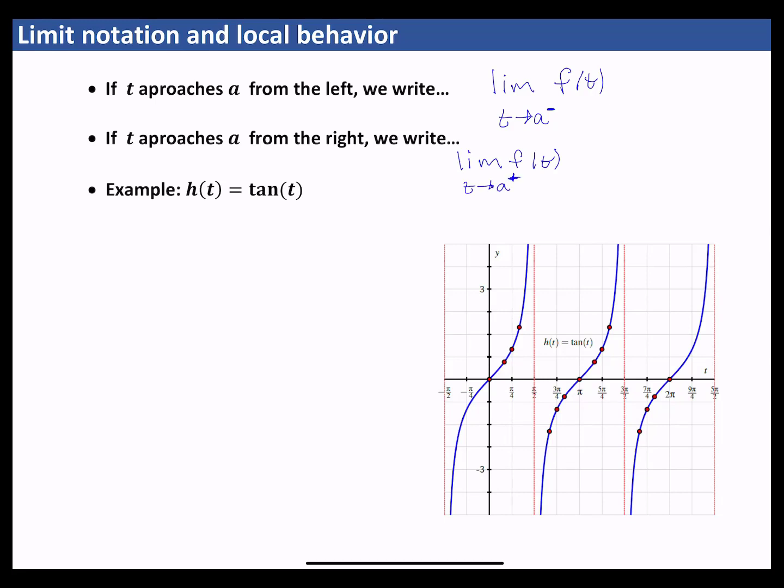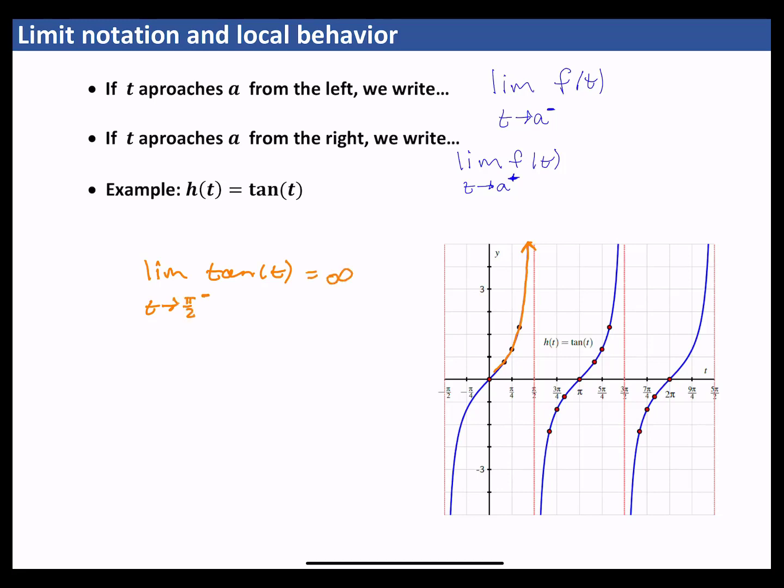So for example, consider the function h of t equals the tangent of t. As t approaches pi over 2 from the left, the outputs of the tangent of t increase without bound. So we would write this as the limit of the tangent of t as t tends towards pi over 2 from the left equals infinity.